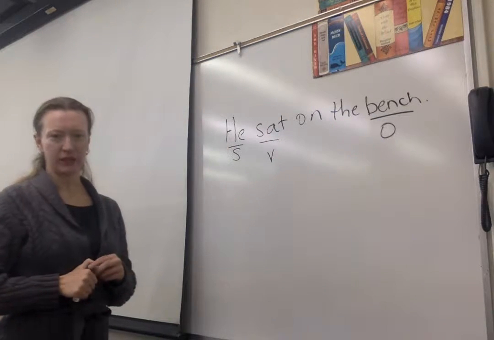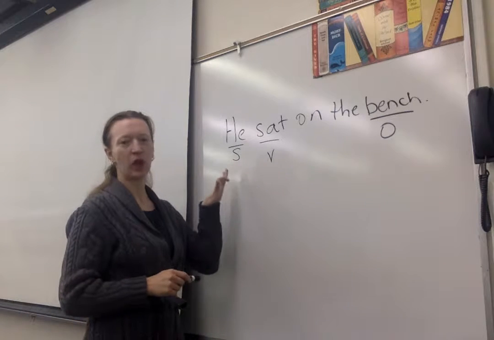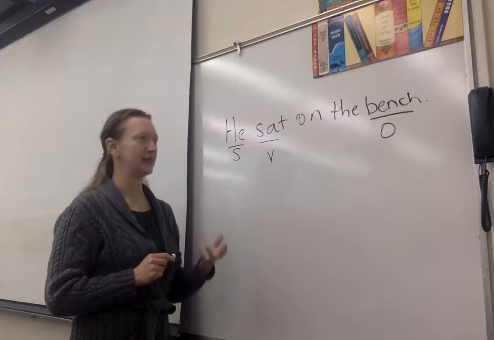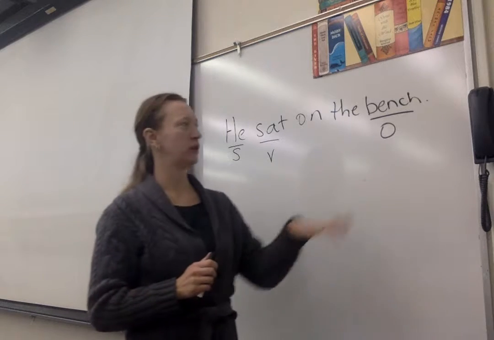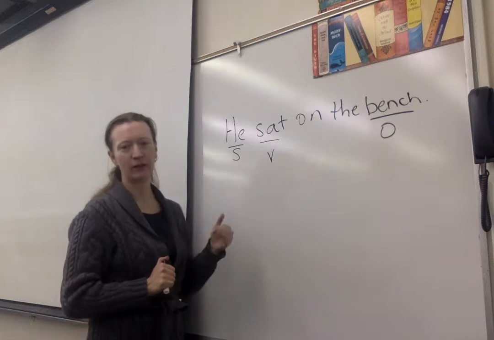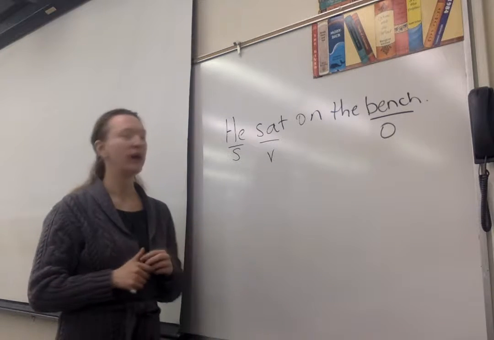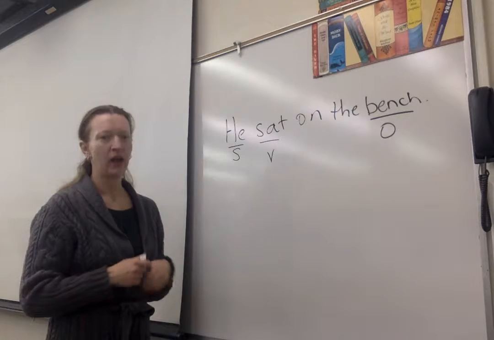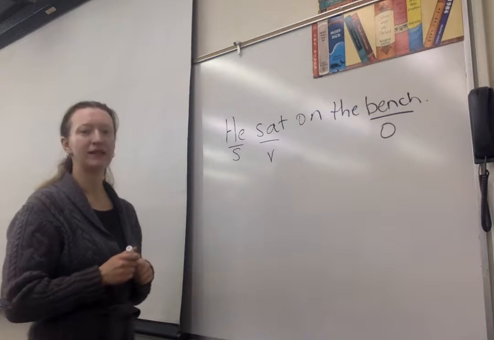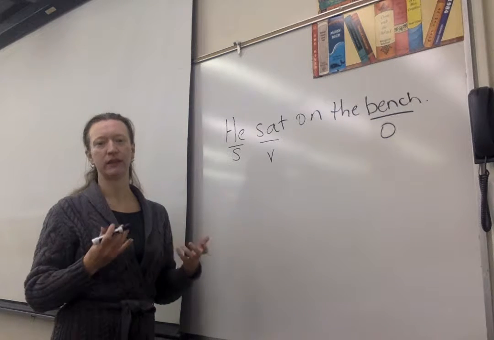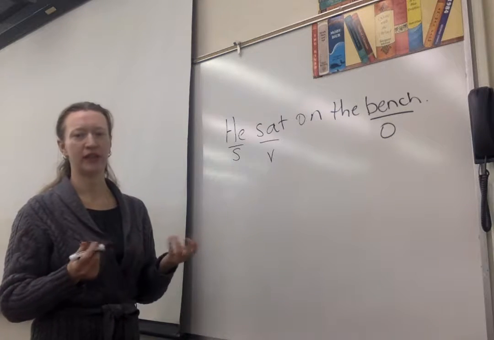Now, a rule about subject and verbs. Subjects will always be nouns, meaning that they will always be person, place, thing, or idea, but not all nouns will be subjects, right? So when we say nouns are person, place, thing, or idea, person, of course, is obvious, so is place, so is thing, but idea is not always so obvious. So ideas can be things like love, or knowledge, or education, right?